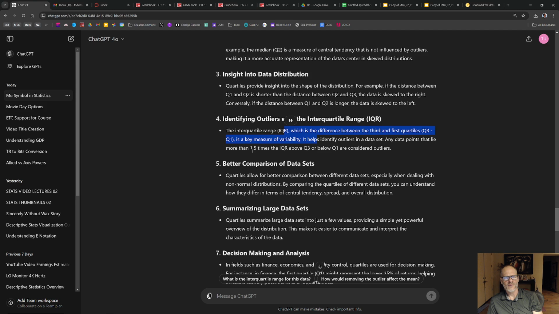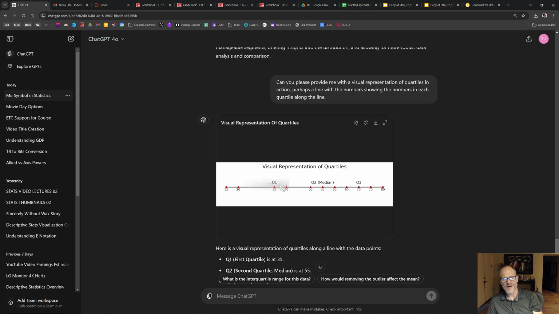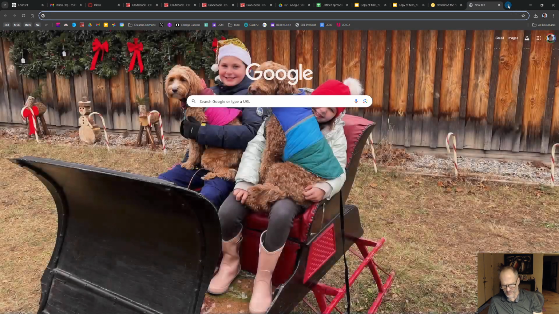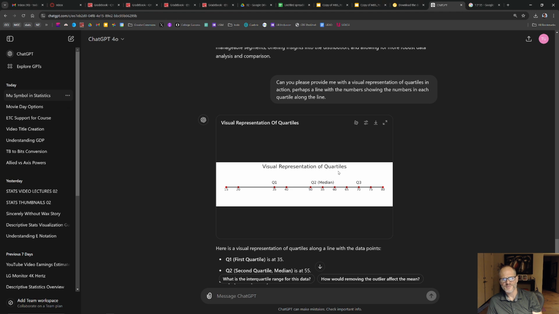If we take that 35 and multiply it by 1.5, any data points that lie more than 1.5 times the IQR above Q3 or below Q1 are considered outliers. So 1.5 times 35 is 52.5.